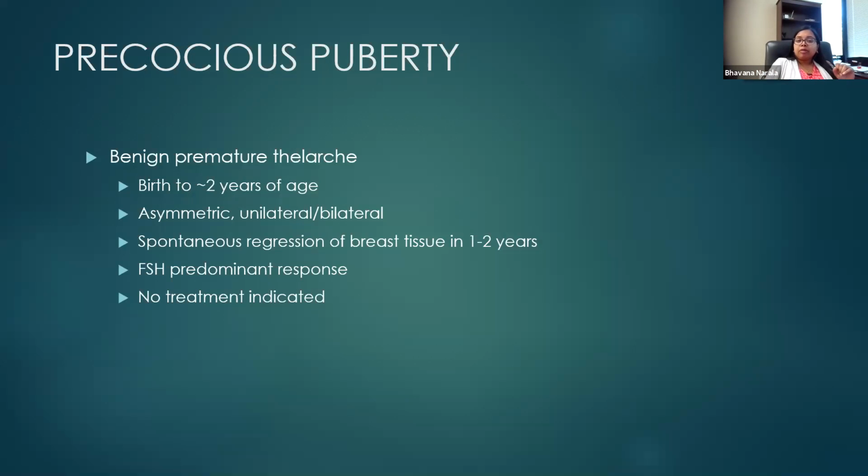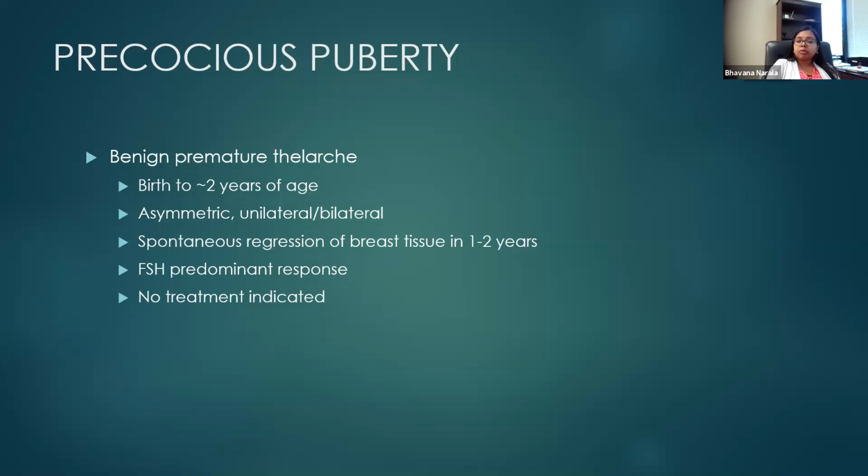So if you get a 9-month-old and the pediatrician is concerned, they've got bilateral thelarche, they're getting bigger, I'm going to get pubertal hormones, and they're elevated. So unless there's other things going on, linear growth acceleration, advancement in skeletal age, you want to be very cautious in making that diagnosis.